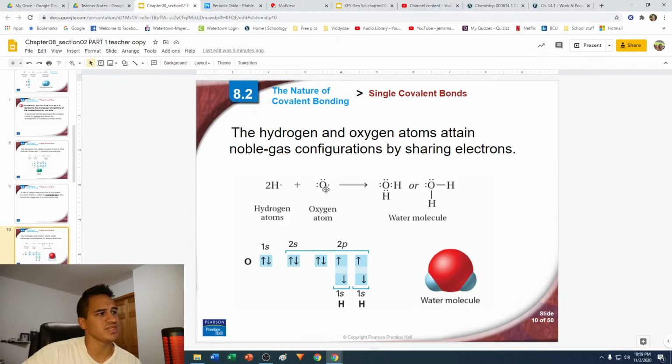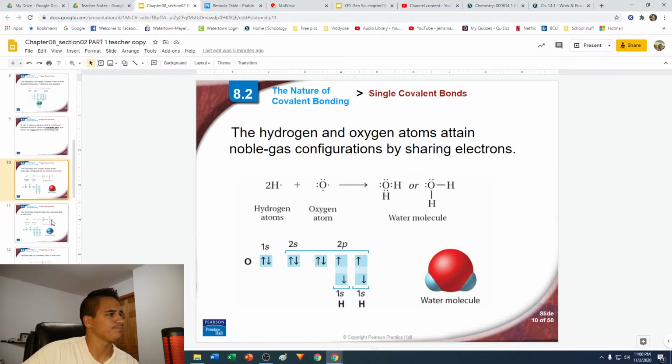What can happen is this oxygen needs to gain 2 more electrons to get up to 8 because it has 6. And 1 electron from this hydrogen can come and share here, and the other electron from the other hydrogen can come and share here. Now we have 2 single bonds, 2 shared pairs of electrons between the oxygen and the 2 hydrogens, and we can make a water molecule. Again, shown here. And we'll see we have 2 lone pairs on the oxygen by doing this.